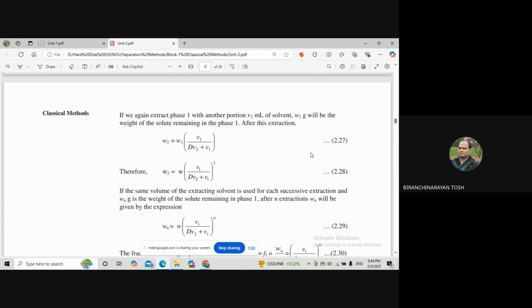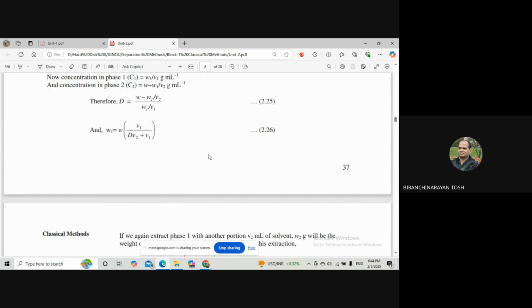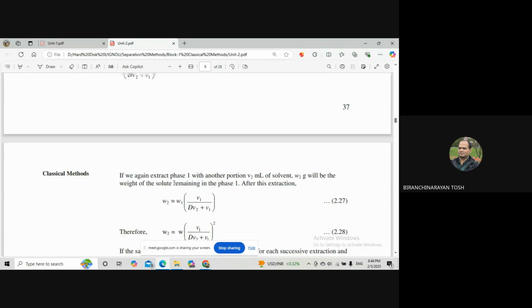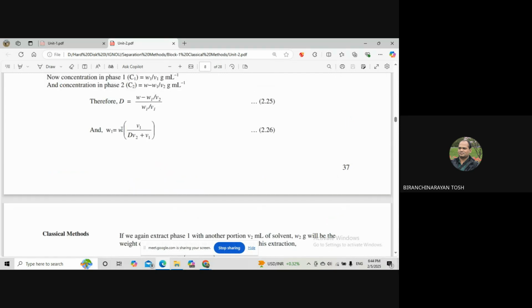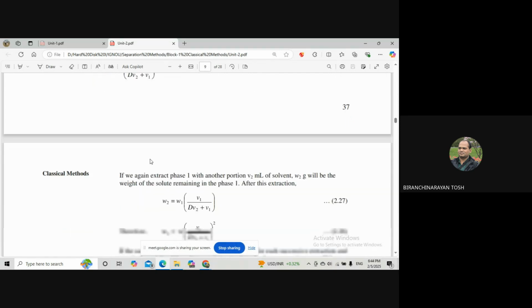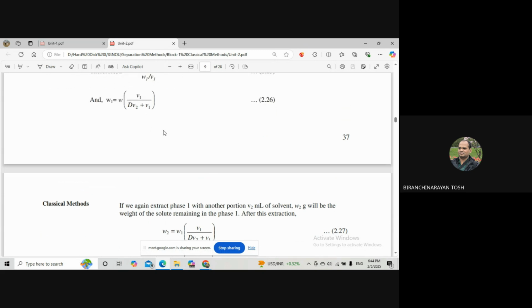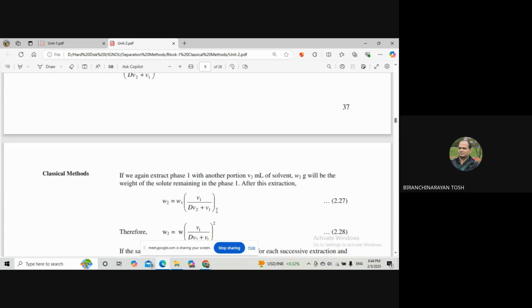So if we again extract phase 1 with another portion of V2 milliliter of the solvent, then what will happen? W2 gram will be the weight of the solute remaining in phase 1. So like this we go for successive extraction. Now the same formula we put, then W2 will be equal to W1 times V1 divided by DV2 plus V1.